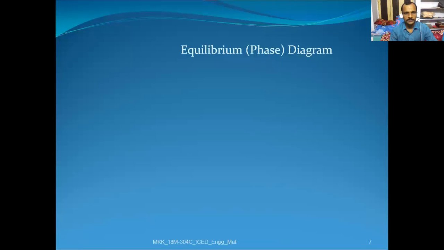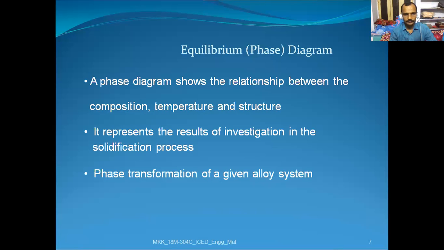So now let us focus on the phase diagram, otherwise known as the equilibrium diagram. A phase diagram shows the relationship between the composition, temperature, and structure. So a phase diagram is a diagram which relates composition, temperature, and the structure.